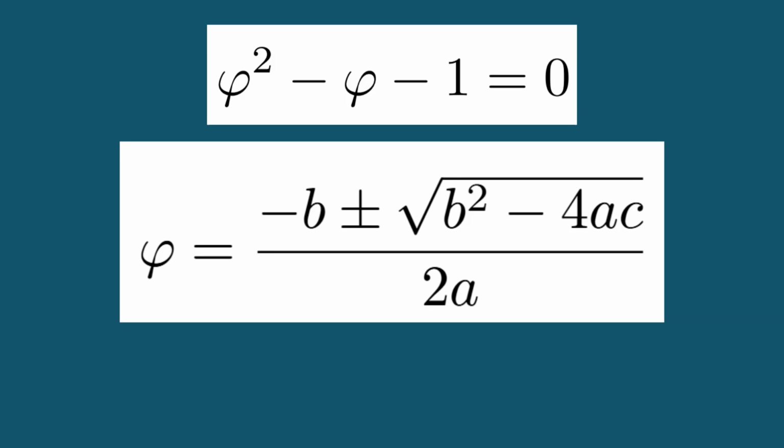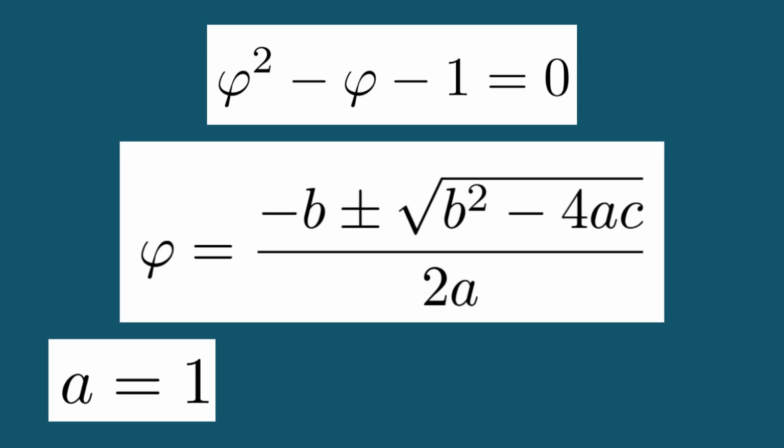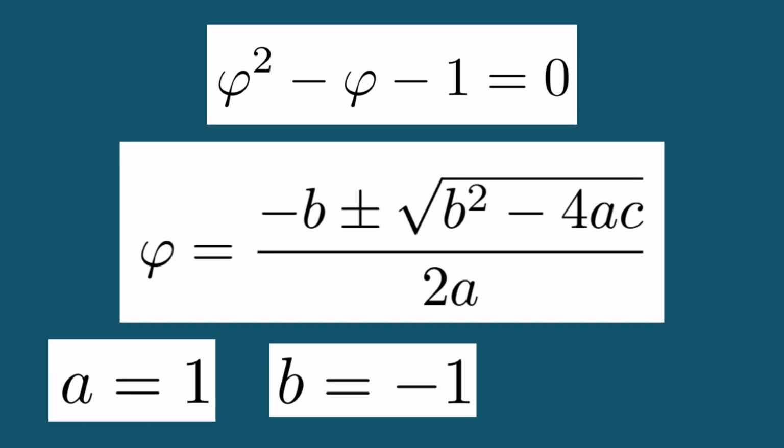Now let's quickly recall the quadratic formula. To solve a quadratic equation like the one we have here, we can use the formula x equals minus b plus or minus the square root of b squared minus 4ac, all divided by 2a. In our case, the coefficient for phi squared is just 1, so that means that a is equal to 1. The coefficient for phi is minus 1, so then b is equal to minus 1.